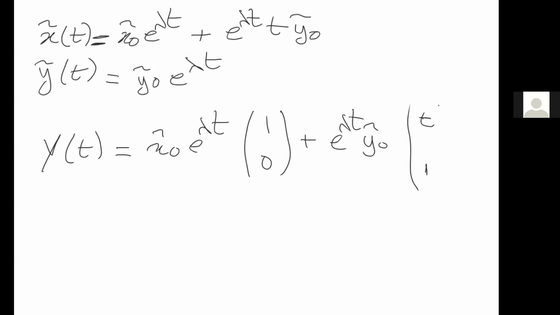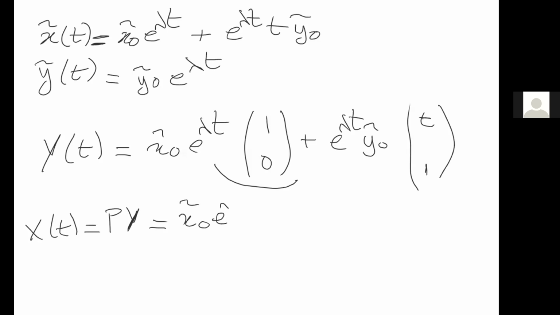t1. Okay, but now I know that my solution x of t equals PY. And so I will apply that. So if I apply P here, P times (1, 0) is just the first vector of P, and the first vector of P is v1. So when I do the product PY here, I will obtain x tilde node exponential lambda t v1.